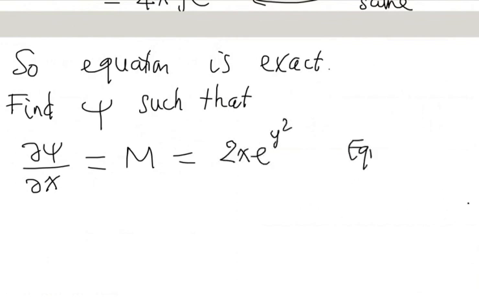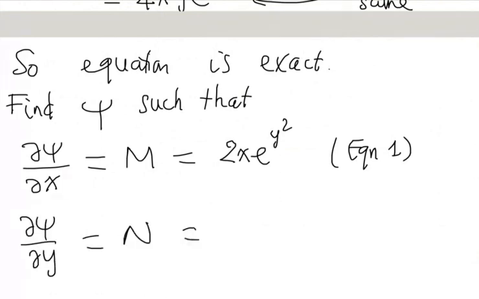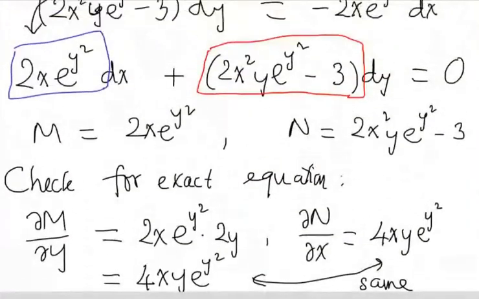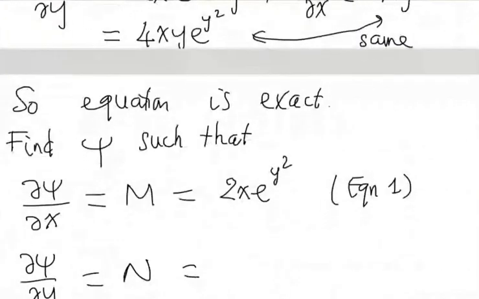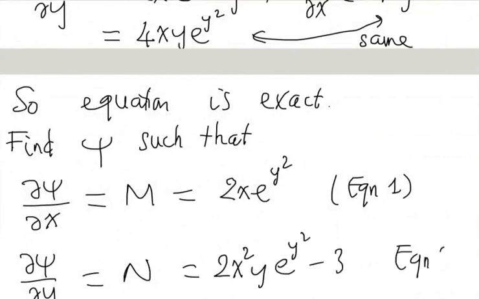This is our equation 1. And then partial psi, partial y should be N, which is right here, 2x squared y e to the y squared minus 3. Equation 2.